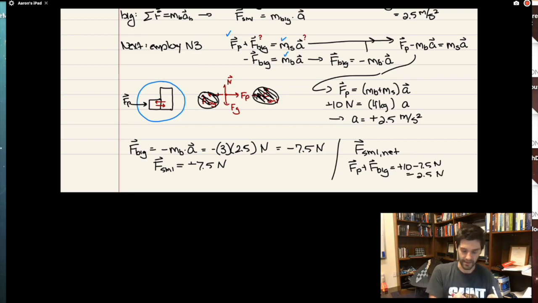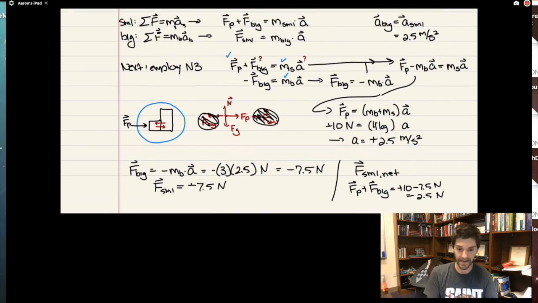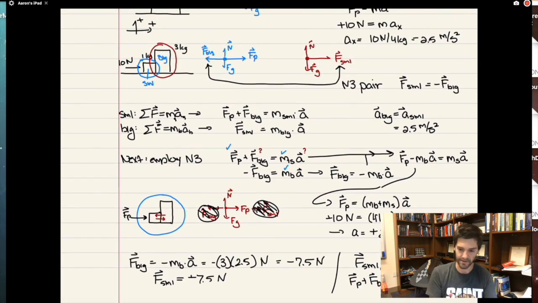You only have 1 kilogram that you need to accelerate up to 2.5 meters per second squared, so you don't need all 10 newtons of force, you only need 2.5. And those internal actions, those Newton third law pair interactions, are what's kind of regulating what's going on. I love Newton's third law.